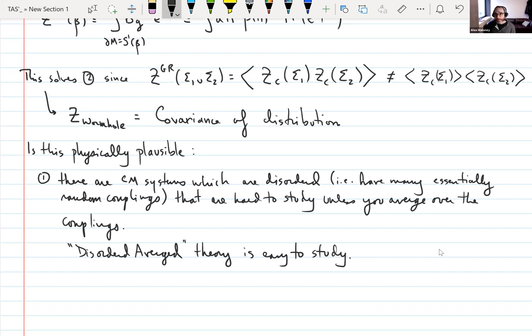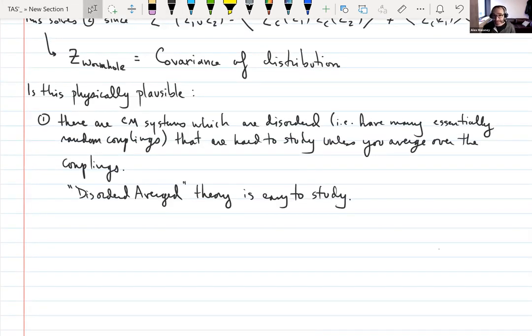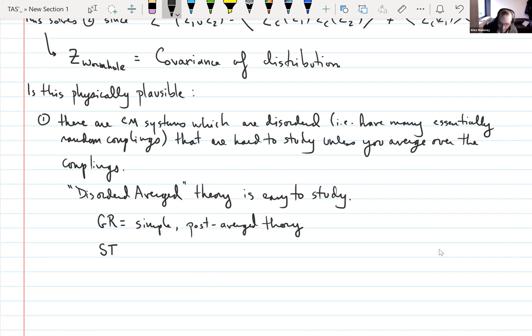And perhaps general relativity is an example of such a theory that is easy to study because it has been disorder averaged. So in this analogy, general relativity is a simple theory, that is to say an averaged theory, and the complicated theory, the pre-averaged theory, would be something like maybe string theory, or maybe some other complicated theory.